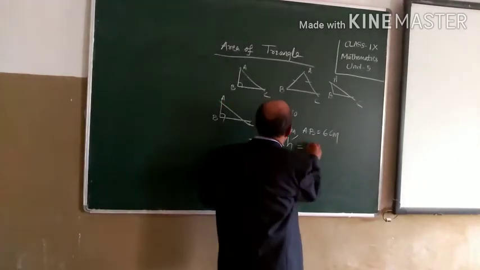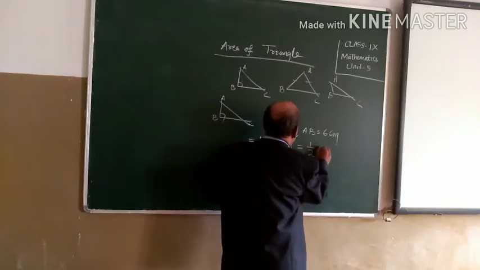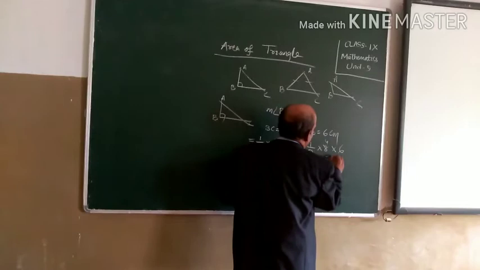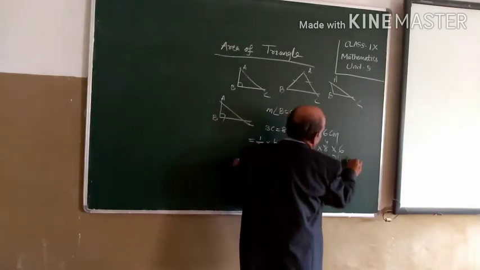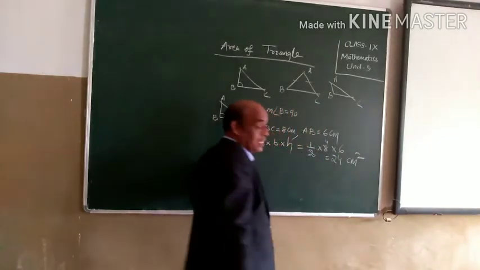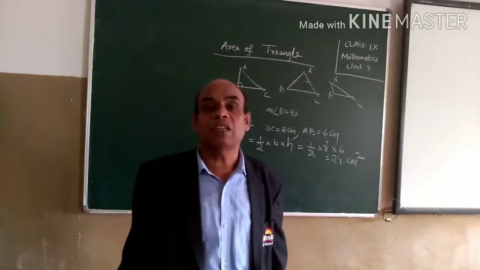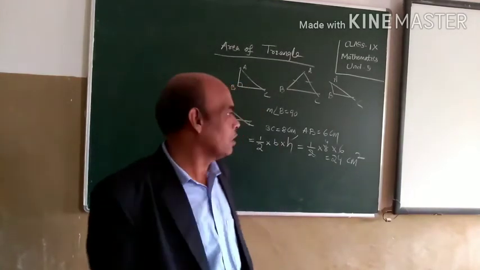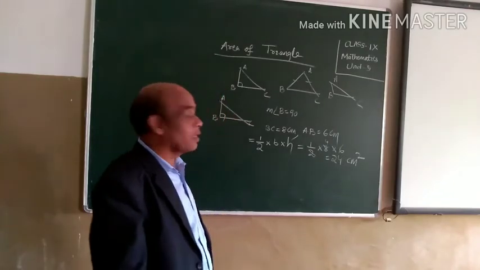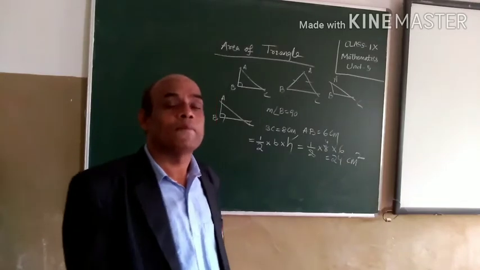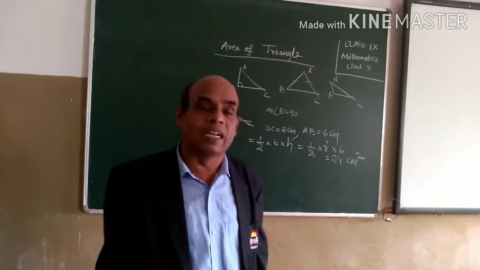You can put the values: half into 8 into 6. That comes to 24 centimeter square. For area, we write the unit as centimeter square or square centimeter. So this is the formula to find the area of a right angle triangle.